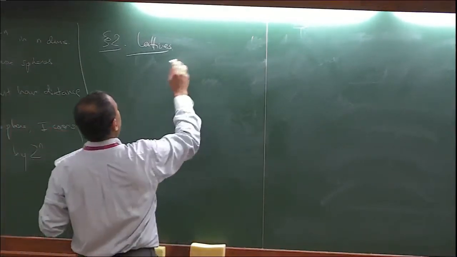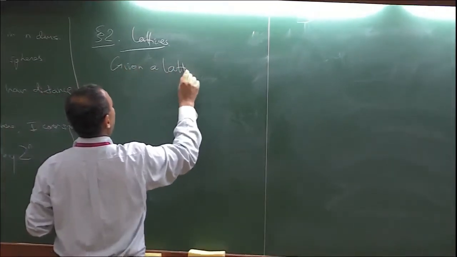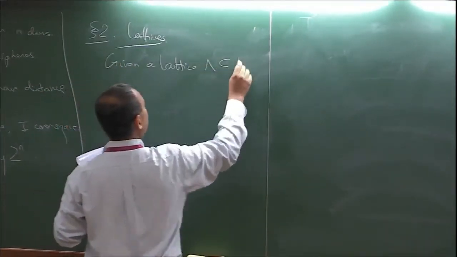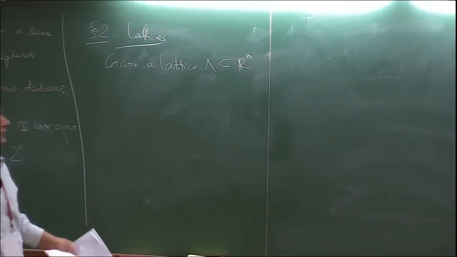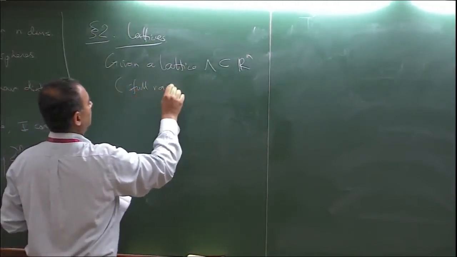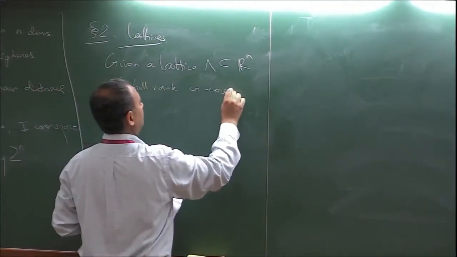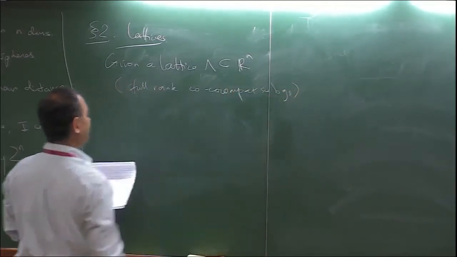So, given a lattice Lambda in R^n, which is just a full rank, co-compact subgroup, I'm just formally defining what the lattice packing is.